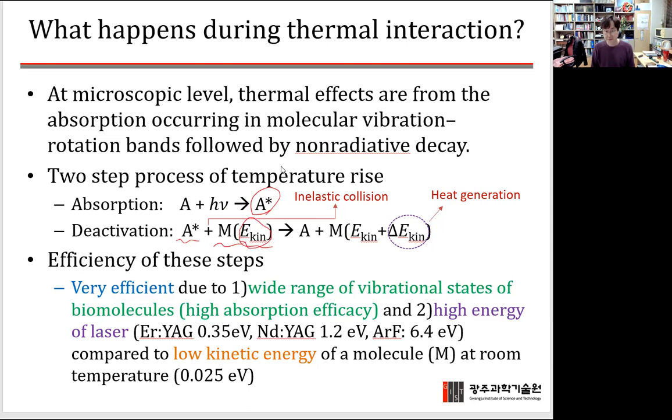The absorber gives the extra energy to the M material, so there will be a delta E kinetic, which is the source of the heat generation.